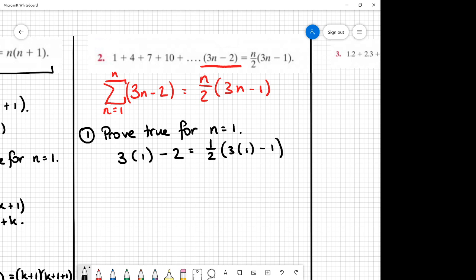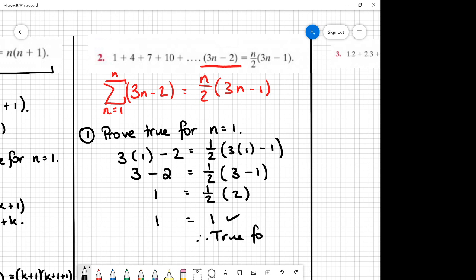That means that we want to prove that 3 by 1 minus 2 is a half of 3 by 1 minus 1. 3 by 1 is 3, minus 2 is equal to a half of 3 minus 1. 1 is equal to a half of 2, which is 1, so 1 is equal to 1, meaning that it's true for n equals 1.